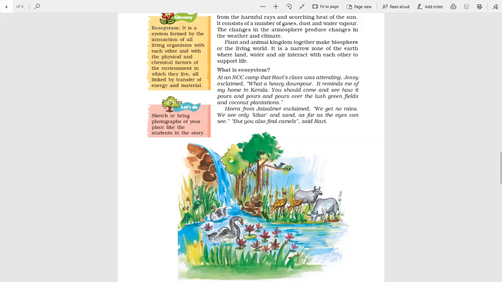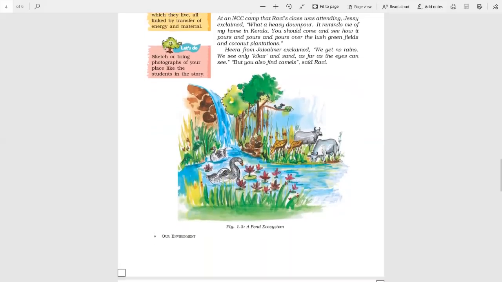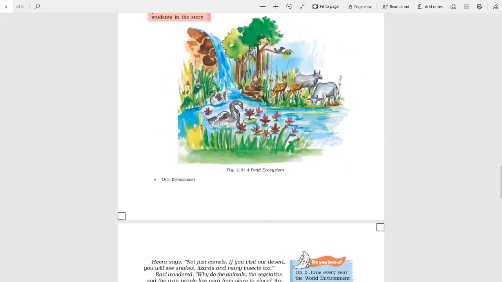Hira from Jaisalmer exclaimed, "We get no rains. We see only khejri and sand as far as the eye can see." "But you also find camels," said Ravi. "Yes," Hira said, "not just camels.